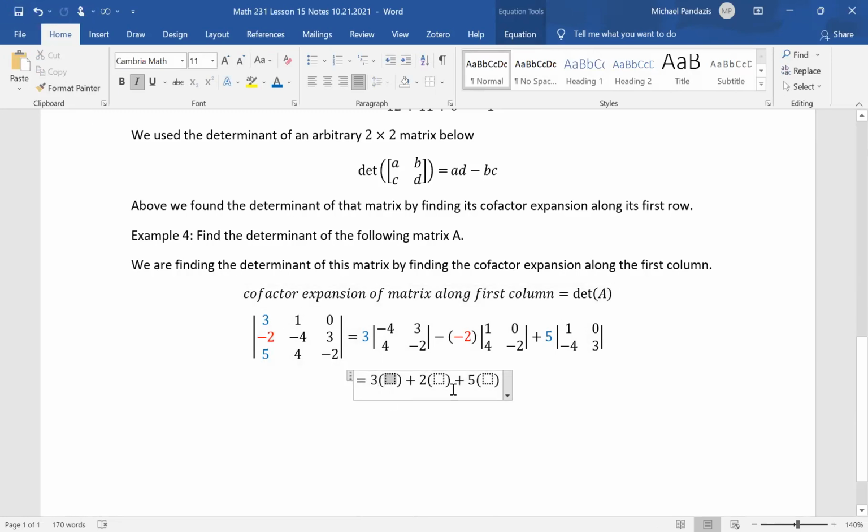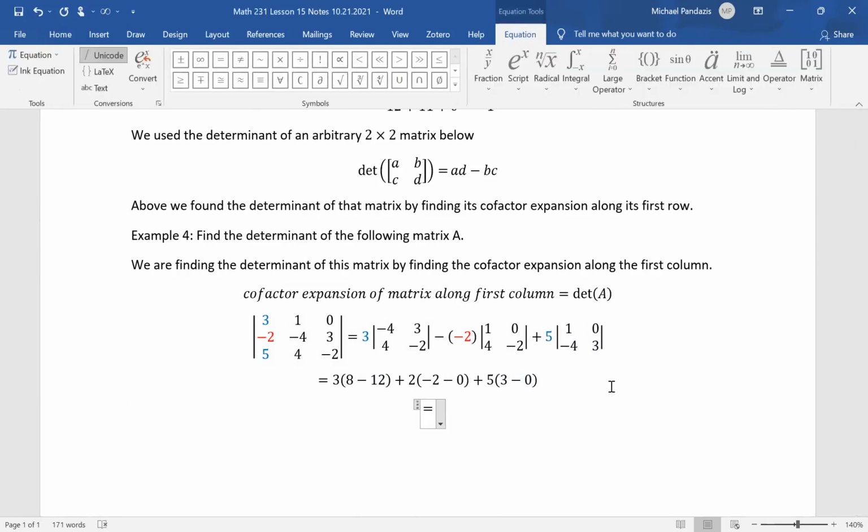In the parentheses are the determinants of each of these matrices. This determinant is 8 minus 12, according to the formula AD minus BC. The determinant of that matrix is -2 minus 0, and the determinant of this matrix is 3 minus 0.